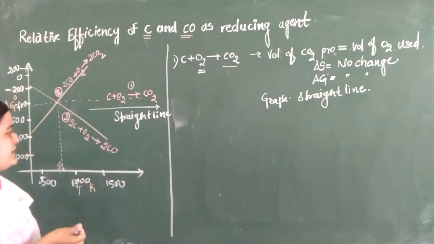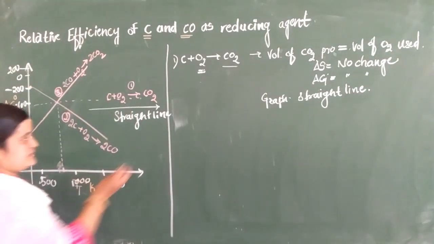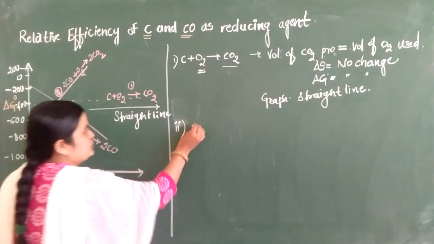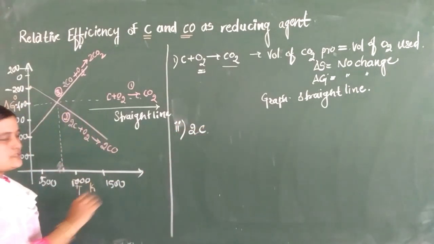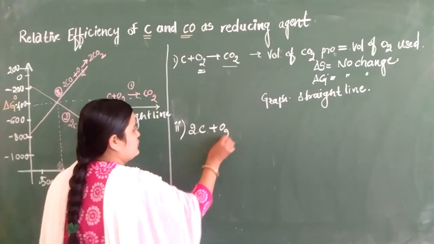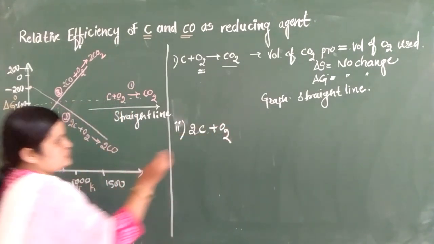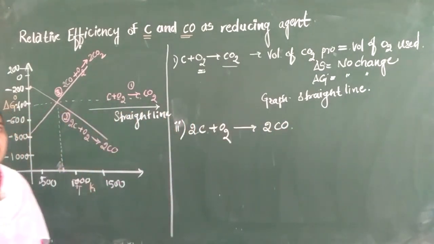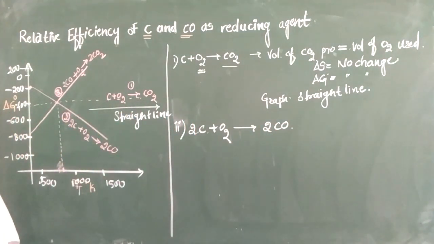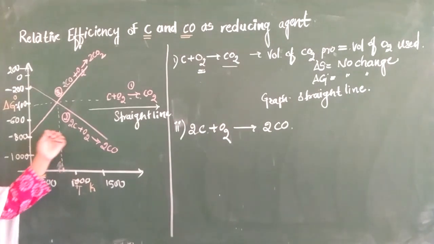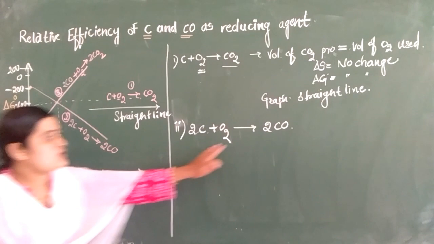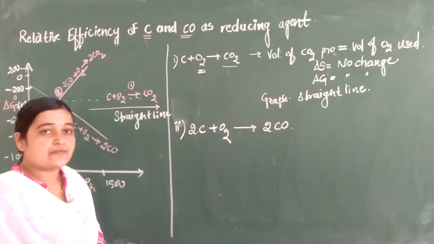Now the next part, that is the second reaction. Let me consider the second reaction. 2C plus O2 gives rise to 2CO. Two moles of carbon monoxide will form.